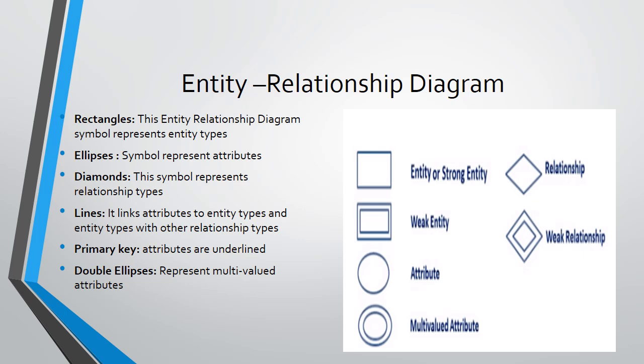Entity relationship diagram symbols and notations. Entity relationship diagrams mainly contain three basic symbols, which are the rectangle, oval, and diamond, and they represent the relationships between the elements, entities and attributes.